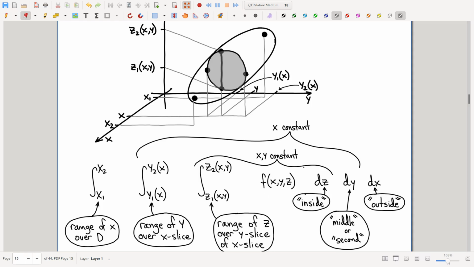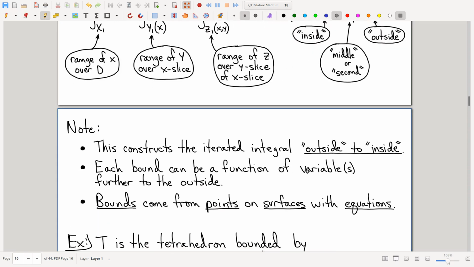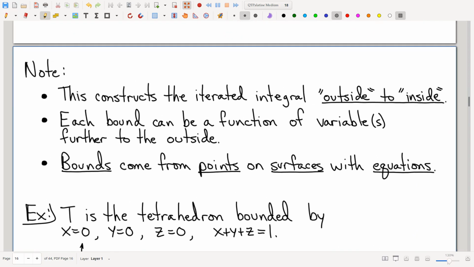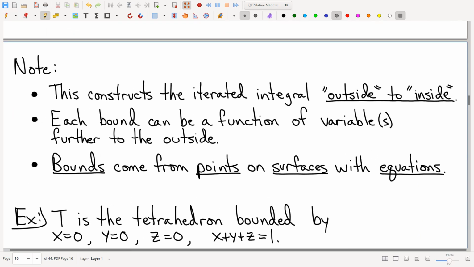Okay, so let's do one. Oh, well, real quick, generic advice. This is all very generic. When you construct the integral, it's always outside to inside. I mean, that's how we did our slicing process. We've already commented on this. Bounds are functions of the outside variables, whatever's further to the outside.